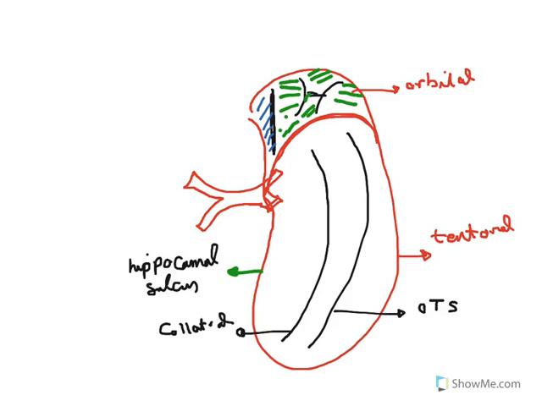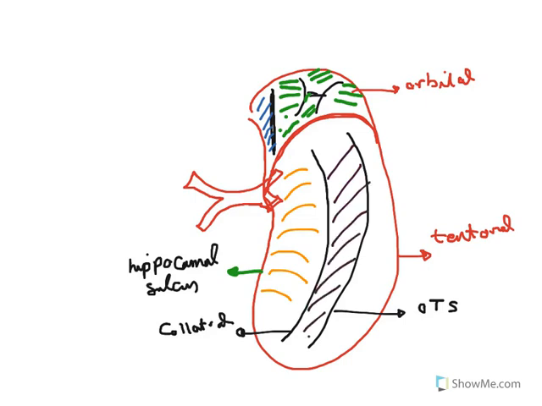Of course, you know this gyrus is called the parahippocampal gyrus, and here are the medial occipitotemporal and lateral occipitotemporal gyri. This one is the medial occipitotemporal, and the other one, which lies lateral to it, is called the lateral occipitotemporal gyrus. Okay.